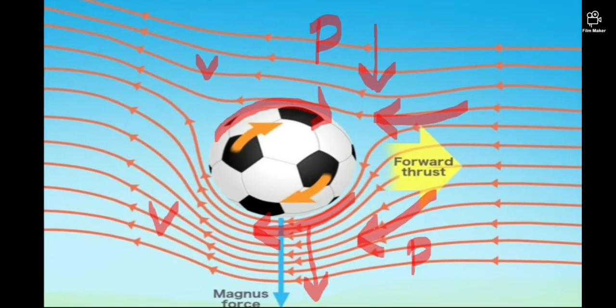The football was given a forward thrust at the beginning in this direction, so it should go in a straight line. But will it follow it? No, absolutely not, because the Magnus force is acting in this direction. So the football will follow a curved path and will at last make an amazing goal.